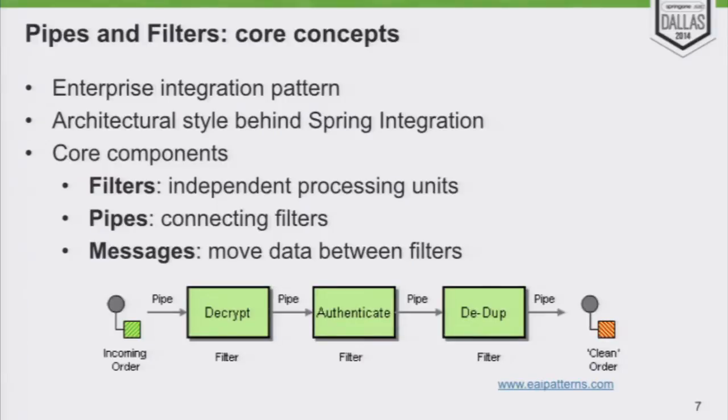Such filters are connected with pipes, right? Pipes are essentially point-to-point connections through which these filters communicate. Each filter knows only which pipes it receives messages from and which pipes it sends messages to. They can send to multiple pipes, so we can have more complexity like that.